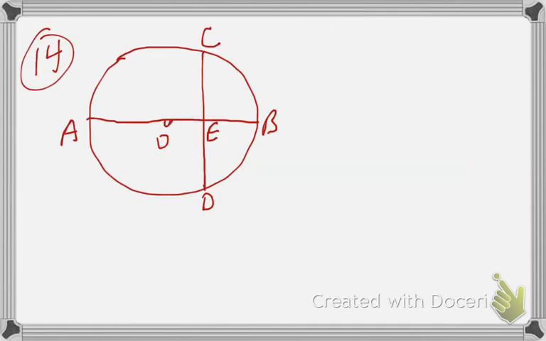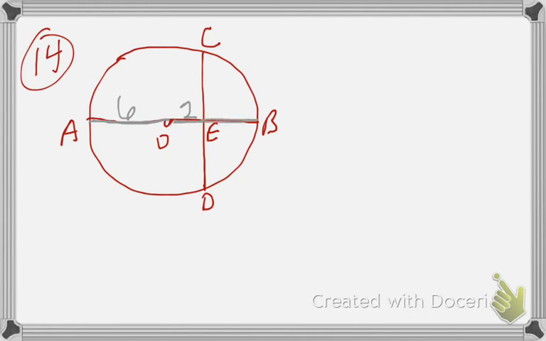Okay, and this is the last one, number 14. So we're told that OA is 6, that's this piece right here, and OE is 2. Okay, but AO, that's this piece here, is a radius, and so is OB, that's also a radius.